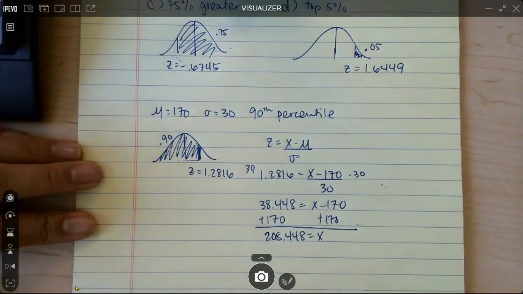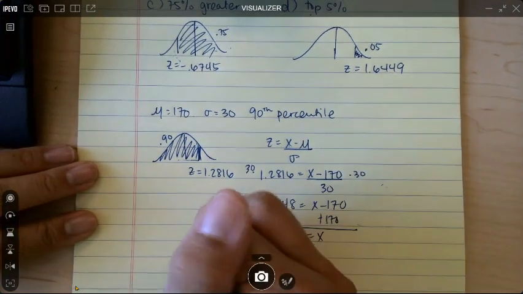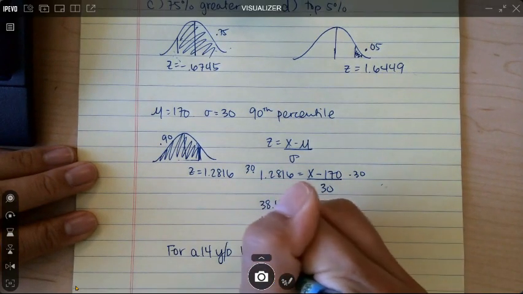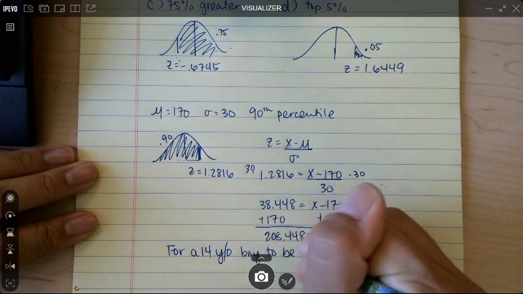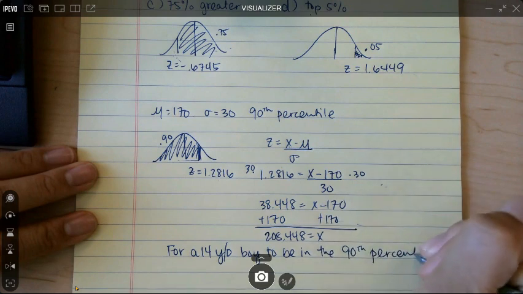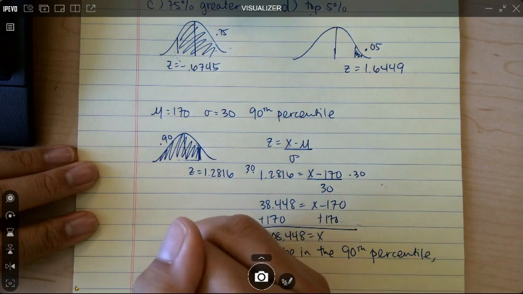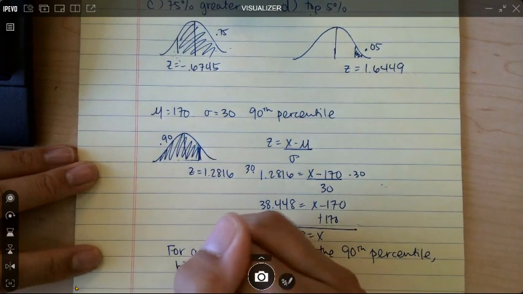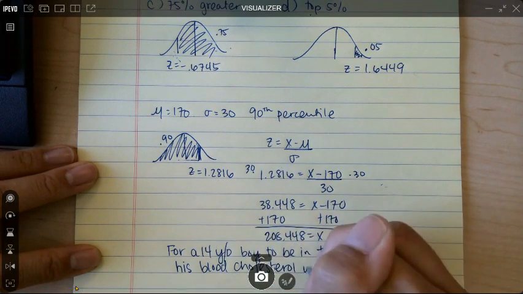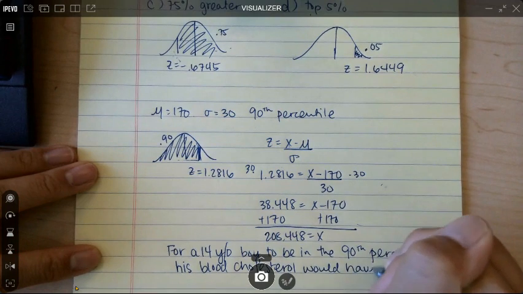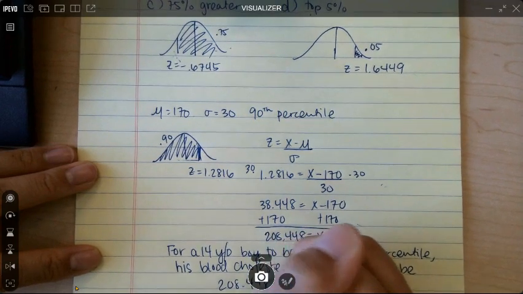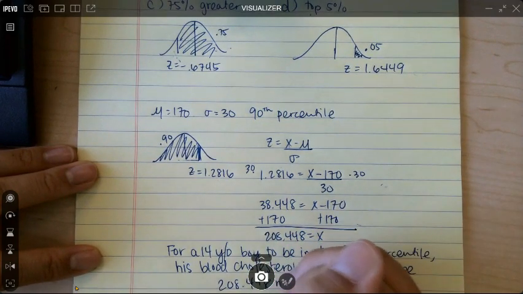Last, we should always answer in context. For a 14-year-old boy to be in the 90th percentile, his blood cholesterol would have to be 208.448, and the units are milligrams per deciliter.